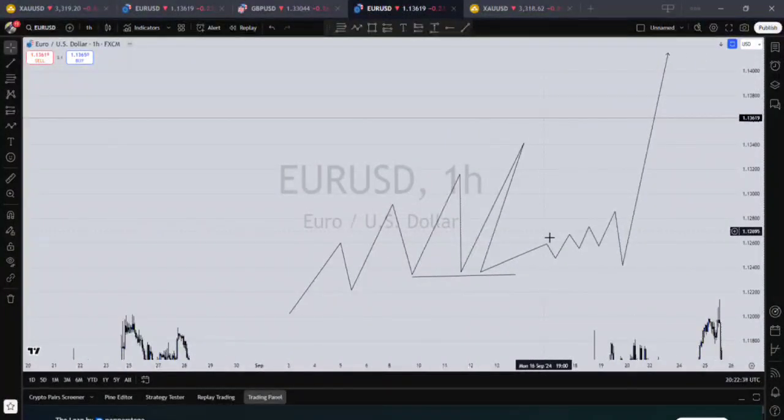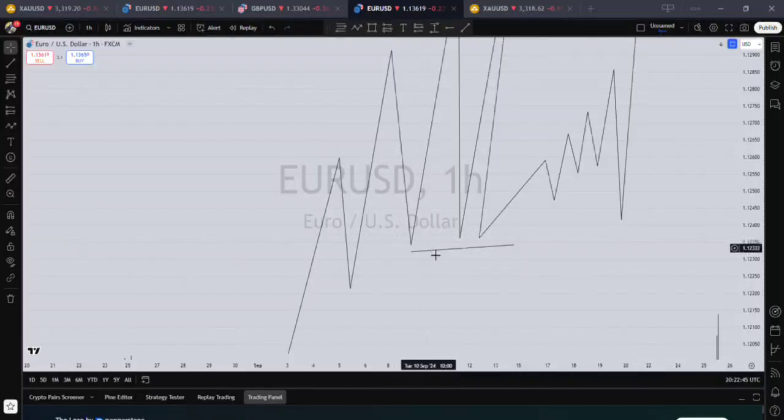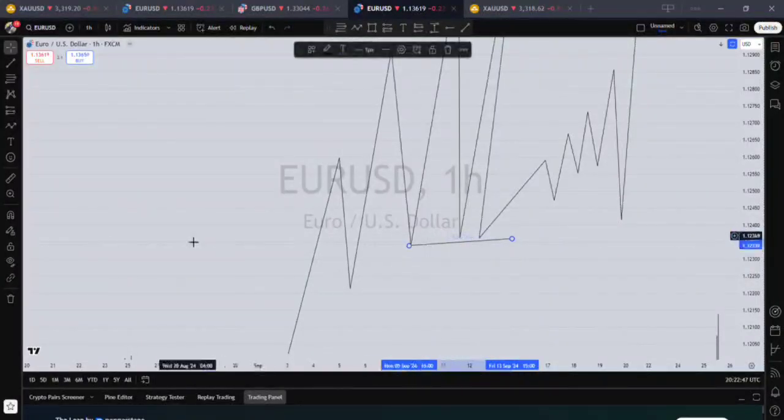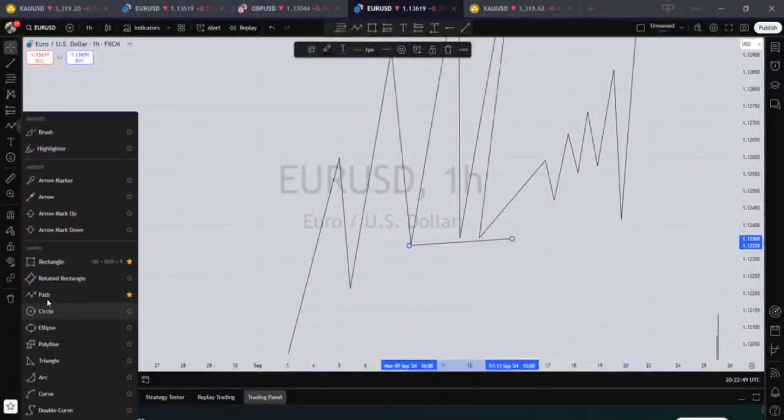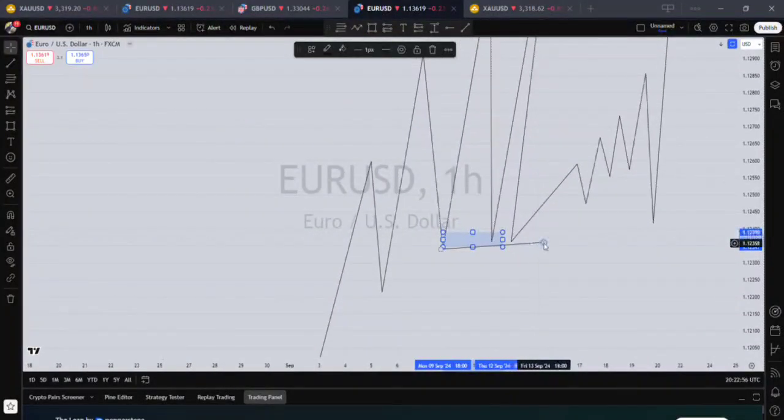Now the market can react from just taking out this low and buy. Let's say the market tapped into this entry. Let's say that's mitigation complete.